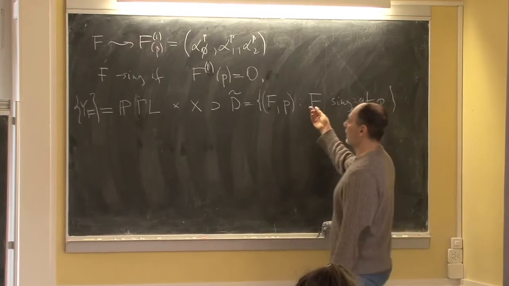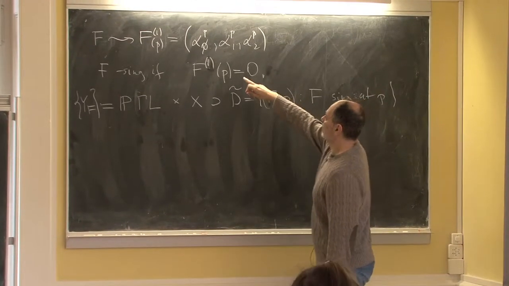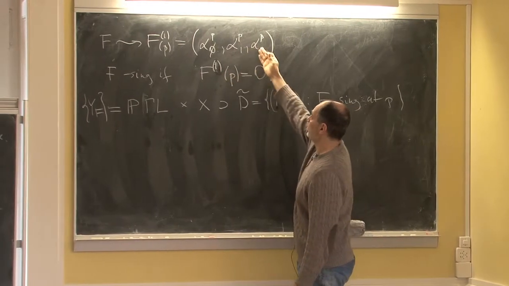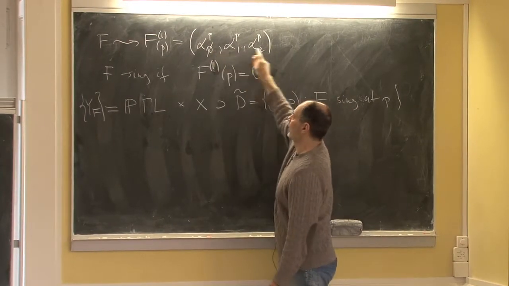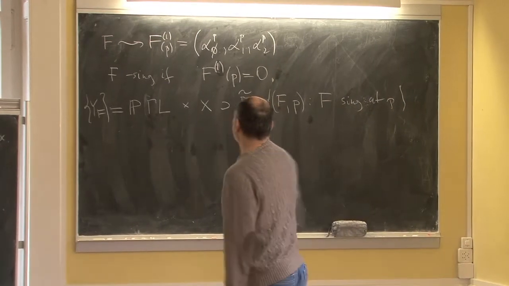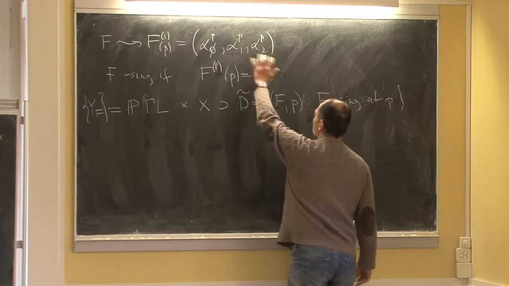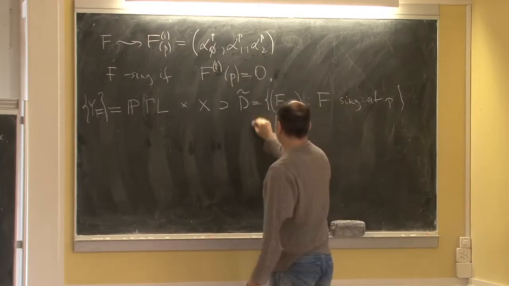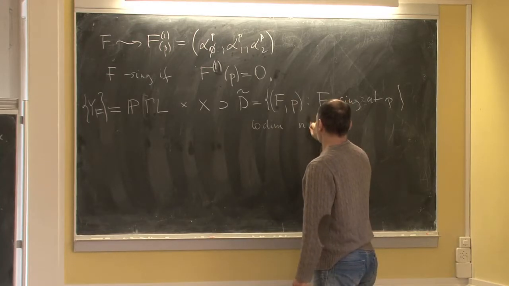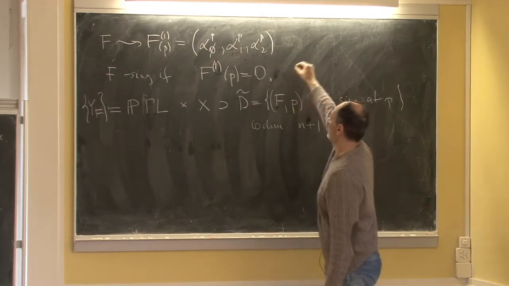Okay, and so one of my points is that the condition described here is simply the vanishing of three numbers. So for n equals 2, and in general it's going to be the vanishing of n plus 1 numbers. So this is of codimension n plus 1 in general, and n equals 2 here.